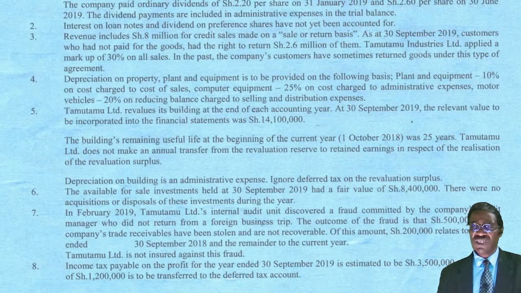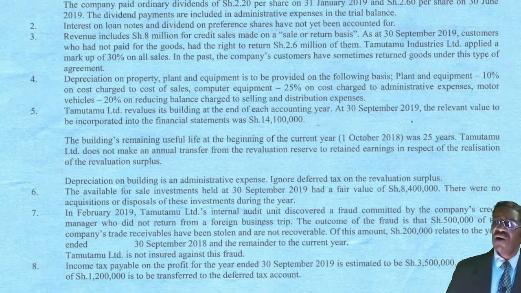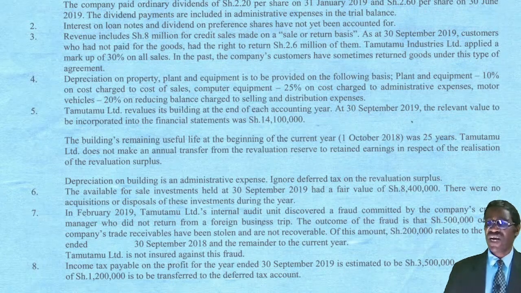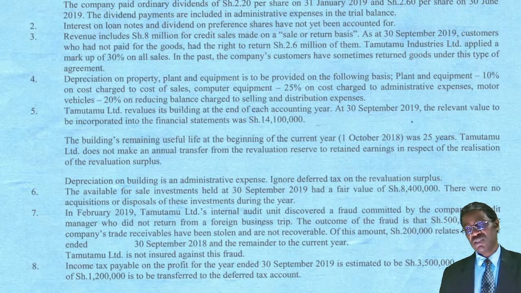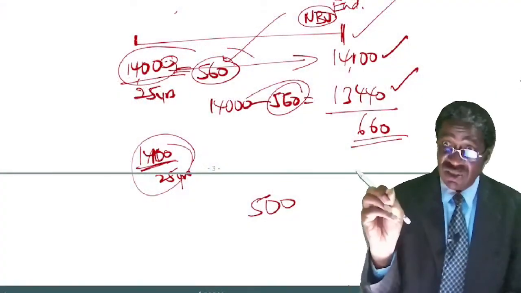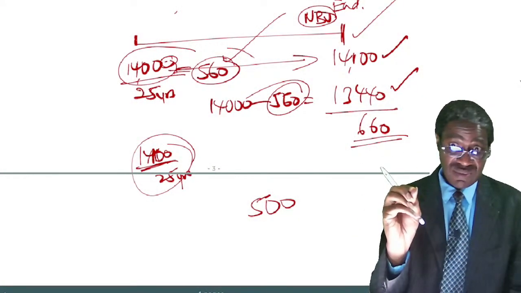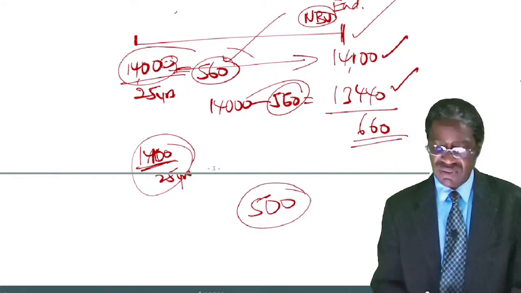Tam Limited discovered that this credit manager did not return. The outcome of the fraud revealed that 500,000 of the company's trade receivables was stolen. They stole the money that we received from a customer. That's the data. How much? 500,000.